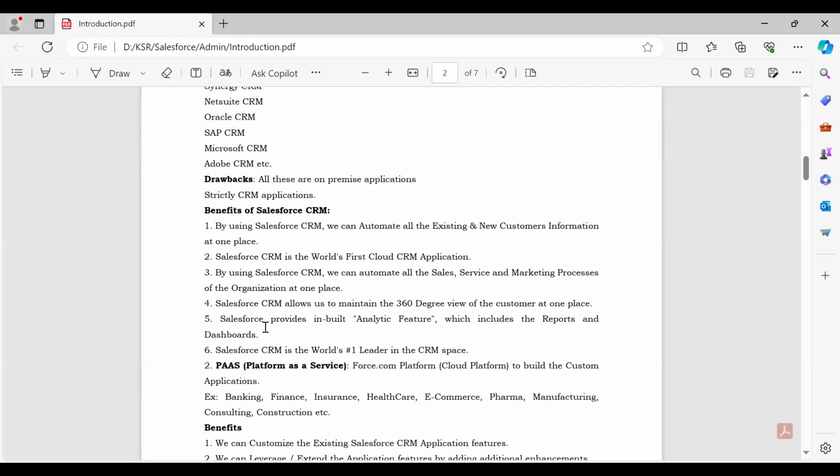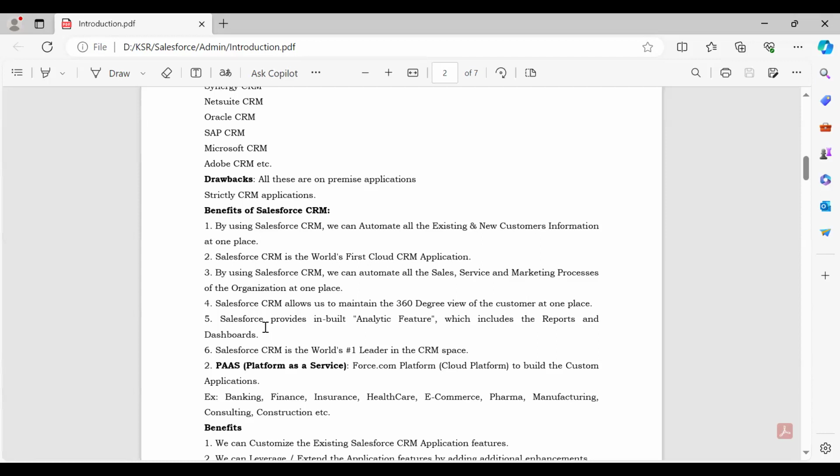Suppose I'm using Sales Cloud application to automate my sales related processes. It may be any organization, any sales related organization. For example, if you take an organization like Bixi, we all know what is Bixi. Bixi is an organization who sells various mobile products.